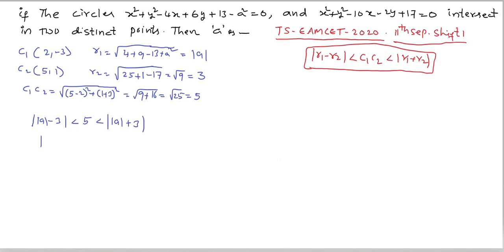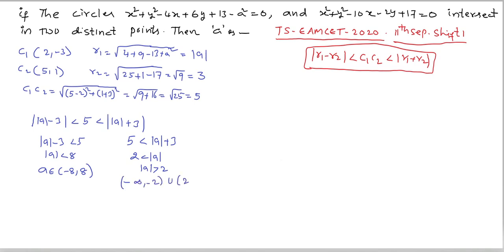From this, modulus of a minus 3 less than 5, that is mod a less than 8, that means a belongs to minus 8 comma 8. And 5 less than mod a plus 3. From this 2 less than mod a, that is mod a greater than 2, that means minus infinity to minus 2 union 2 to infinity.